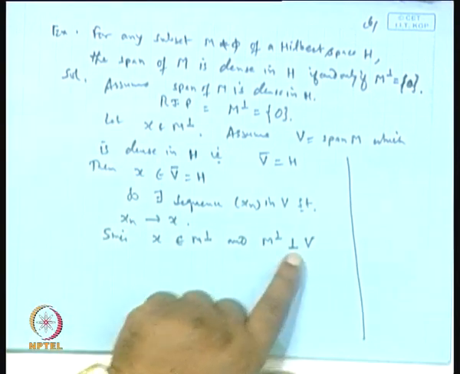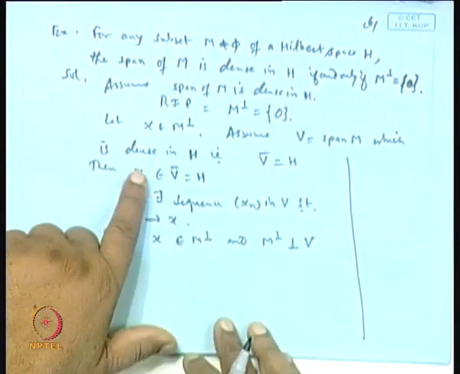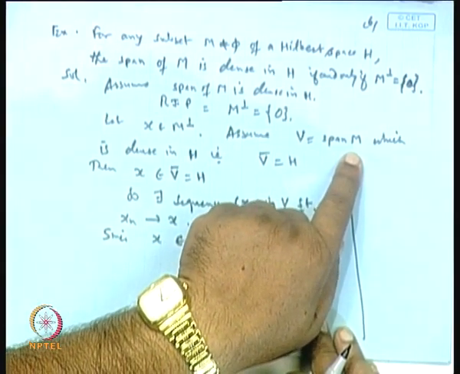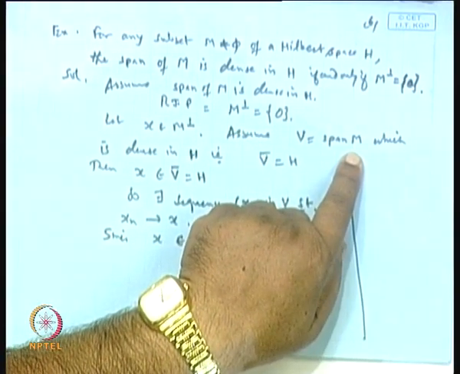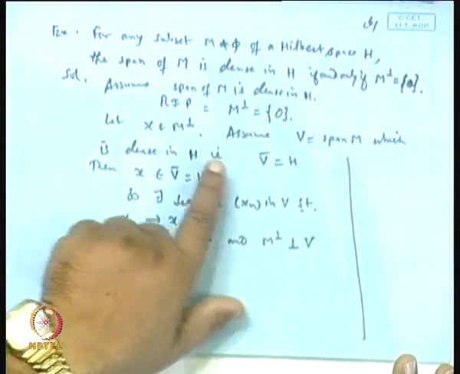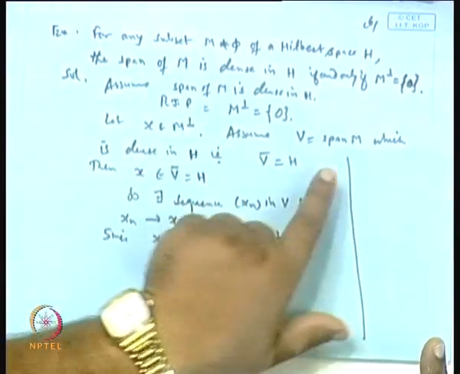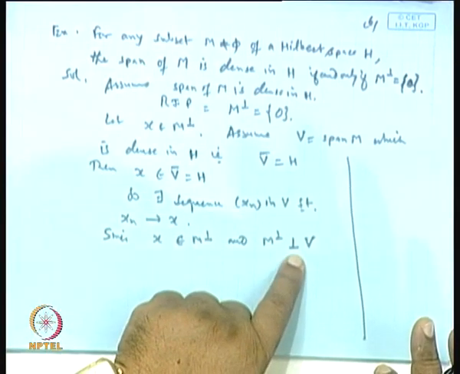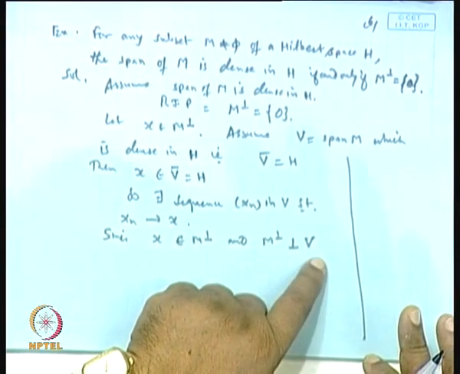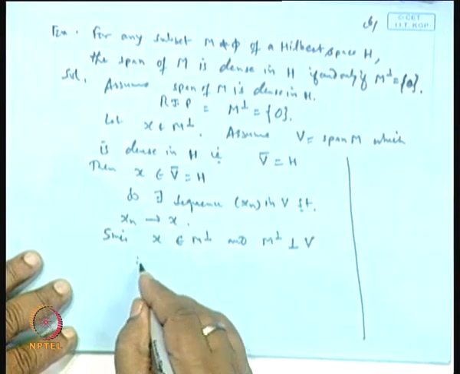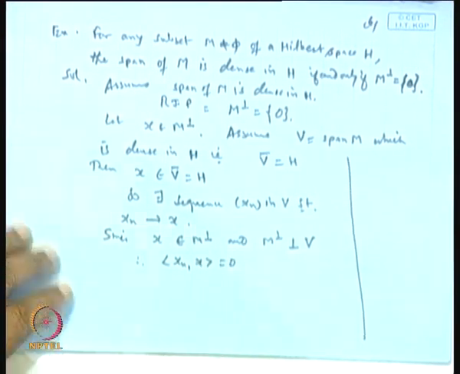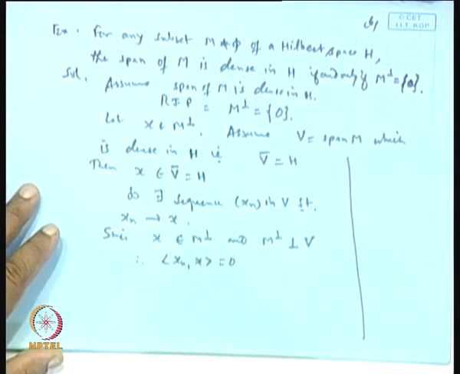V is the span of M, so any element of V is a linear combination of elements of M. Any element of the orthogonal complement is orthogonal to M, so it will also be orthogonal to V. Therefore, the inner product of X and V is 0. Therefore, the inner product of X and x_n is 0.